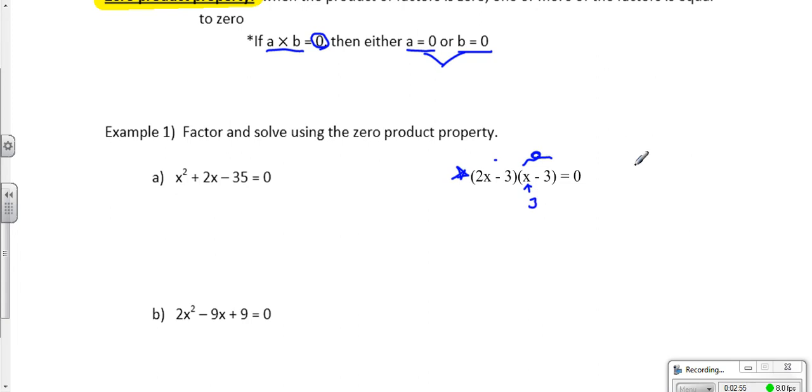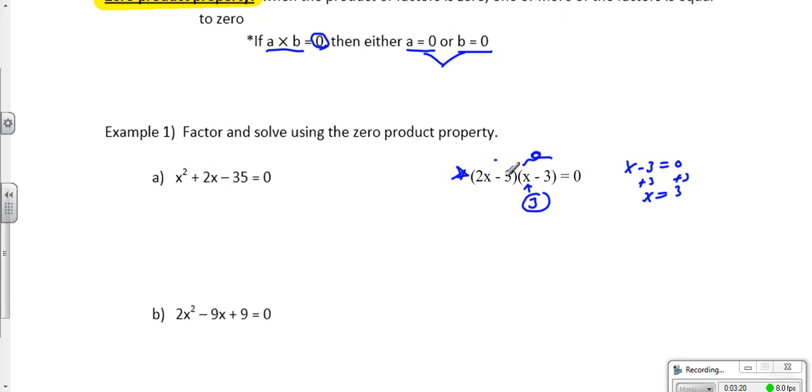In other words, if I asked, how can I make x minus 3 equal 0, I would just solve for x. So this is considered one solution, because if I plug 3 in, 3 minus 3 is 0. No matter what this left one is, that times 0 is going to give me 0.